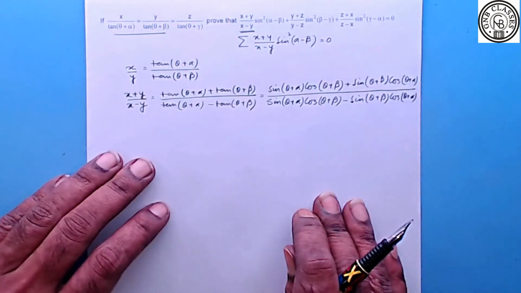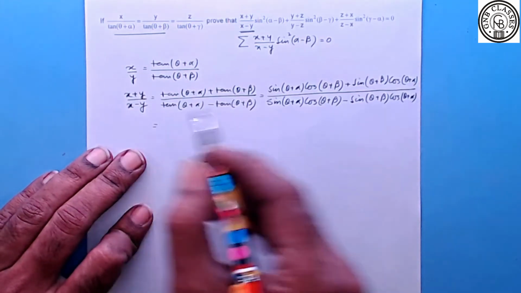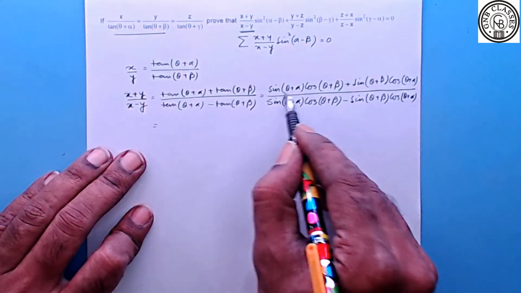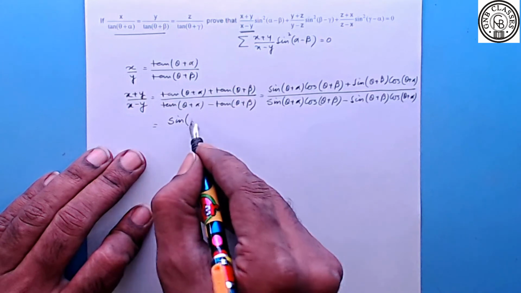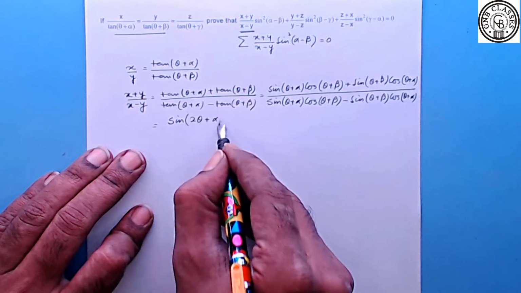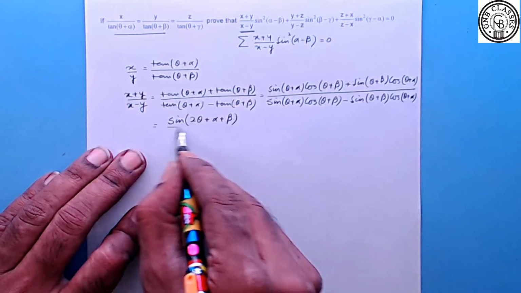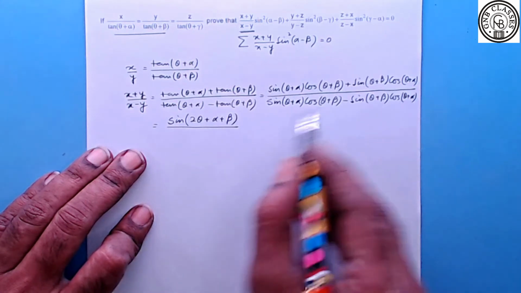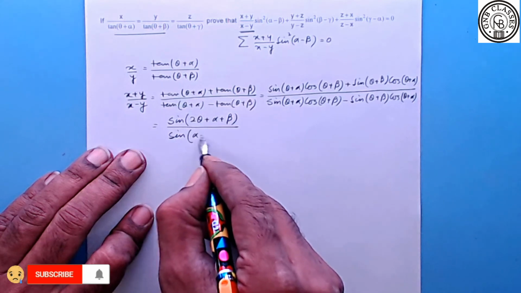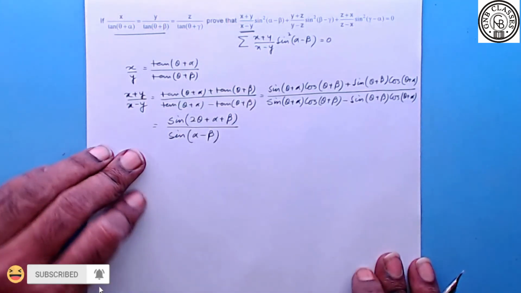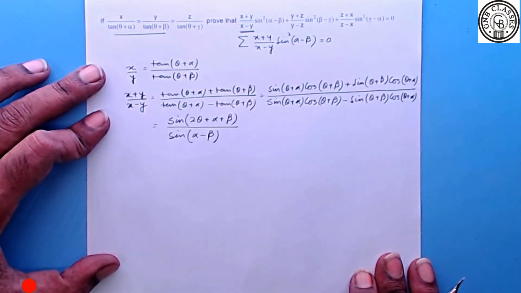Is it okay? Now, in the numerator, we are applying the formula sine A plus B. So it will become sine A plus B means 2 theta plus alpha plus beta. And in the denominator, we are having sine A minus B, which is nothing but your sine alpha minus beta. Is it clear to all of you? Absolutely. Okay. Now you see.